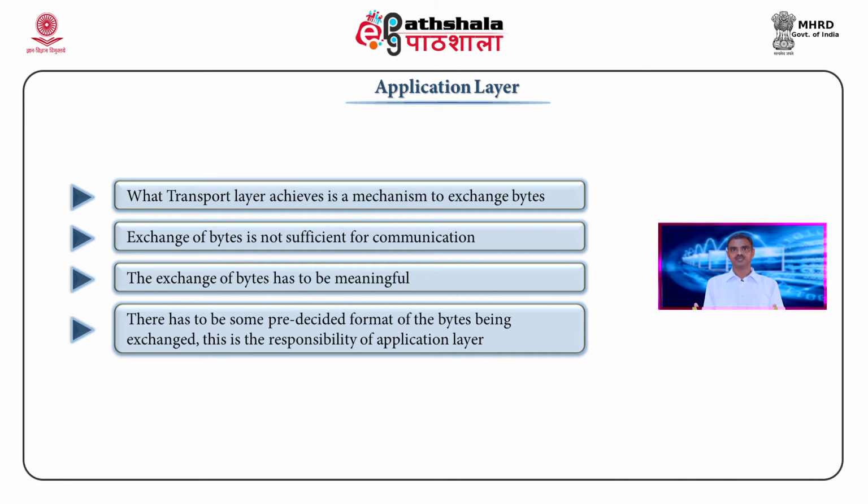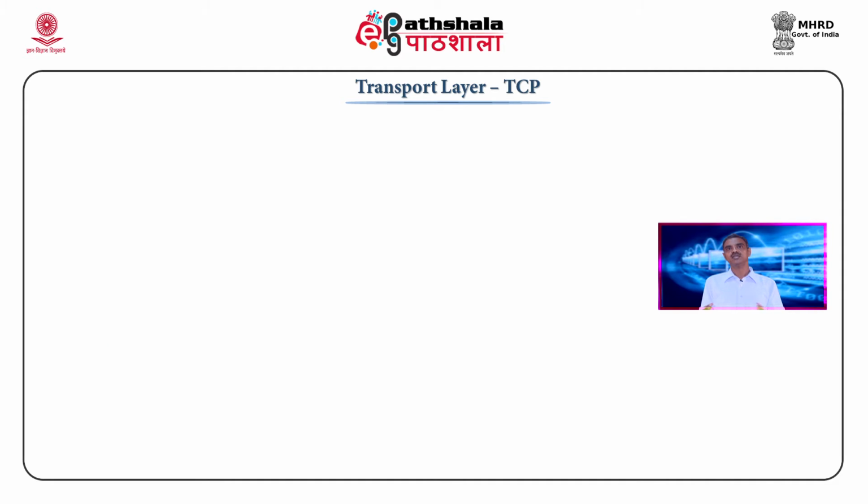Now, another important thing, let us go back to the transport layer. How does the transport layer work? If we go back to that same analogy, we will concentrate more on the TCP protocol here. Our analogy was TCP is similar to a phone connection.